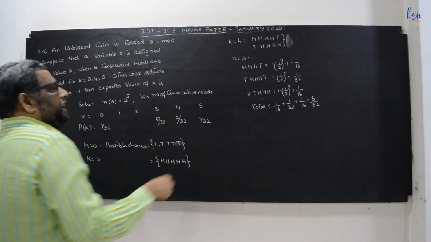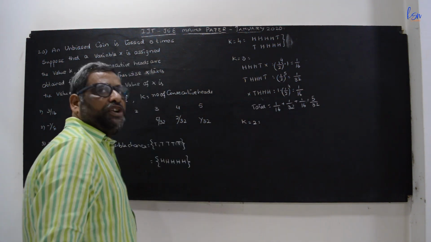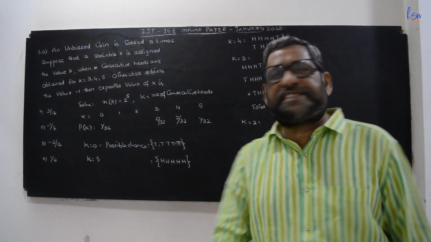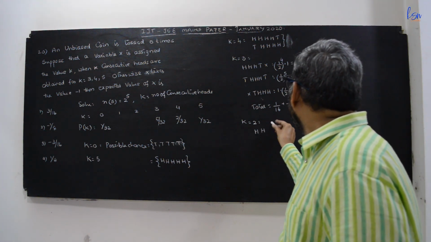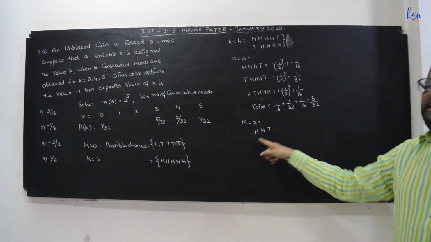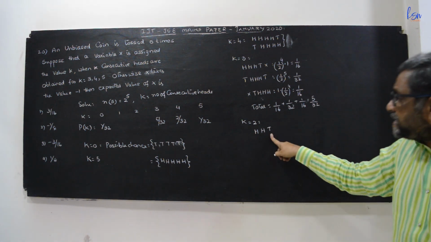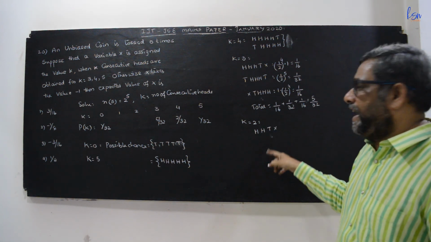Next, coming to k is equal to 2. K is equal to 2 means 2 consecutive heads. 2 consecutive heads means here you can take head and head. Then there must be a tail, otherwise if it is head, 3 consecutive heads will come. And later it can be either a tail or a head, no problem.